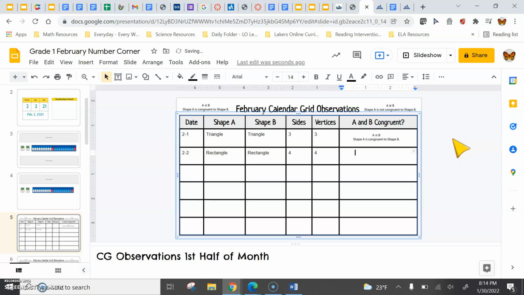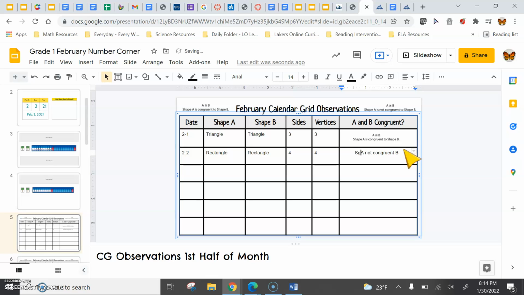We found out that shape A was not congruent. Not congruent. And there is a special little mark, not congruent to B. Okay? A is not congruent to B.